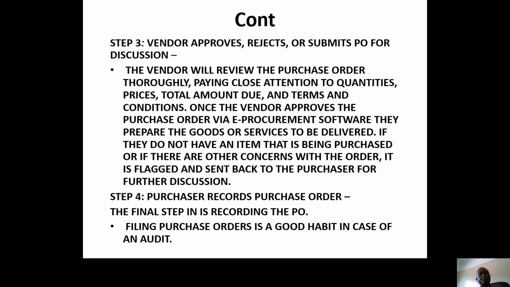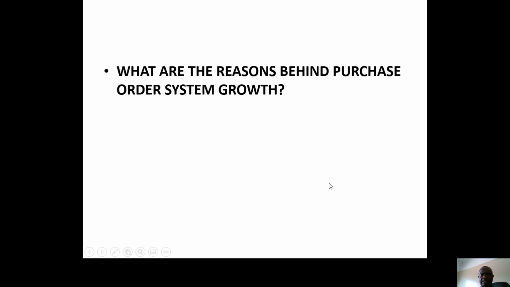Step 4, purchaser records the purchase order. Filing purchase orders is a good habit in case of audit. Yes, they can come after you if you don't do it properly.